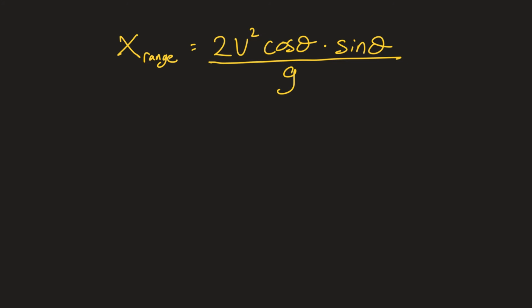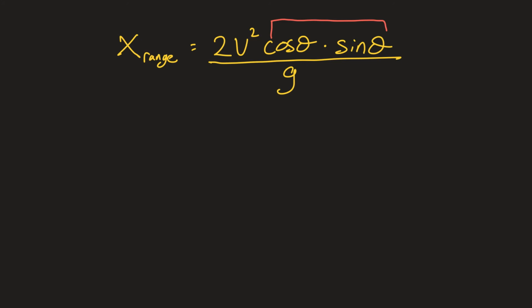I'll ask you to pause the video here and turn this formula into one where these two things become just one thing. So we're not going to have a theta here and a theta over here. We're going to have just a single theta in the formula.